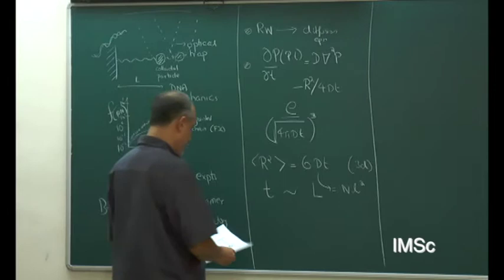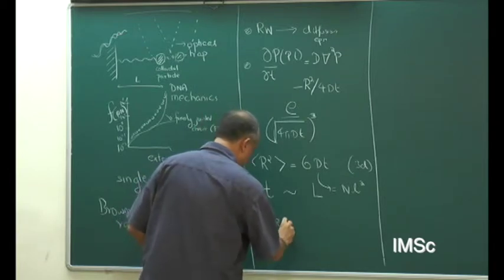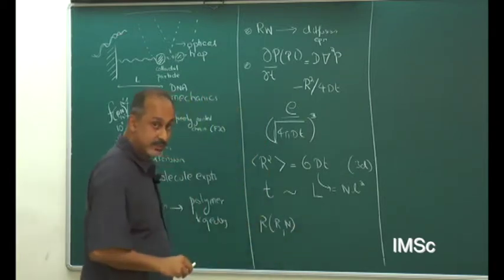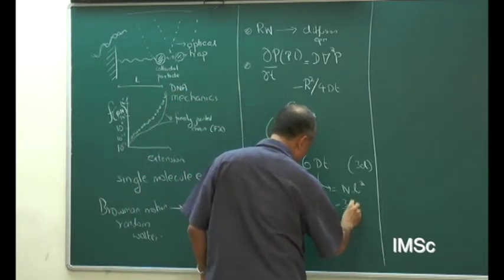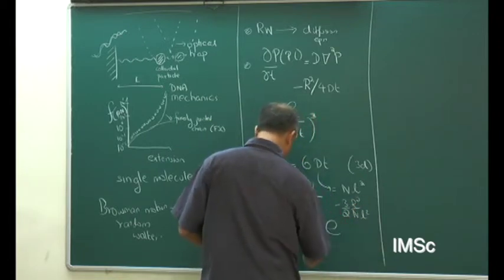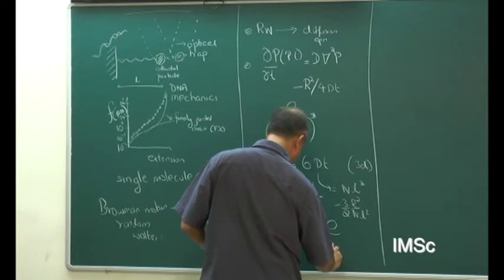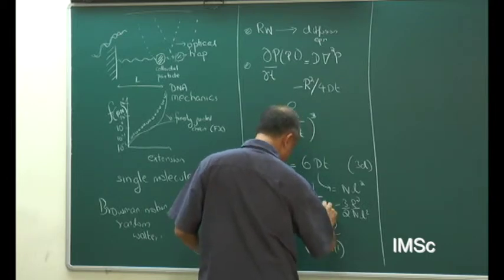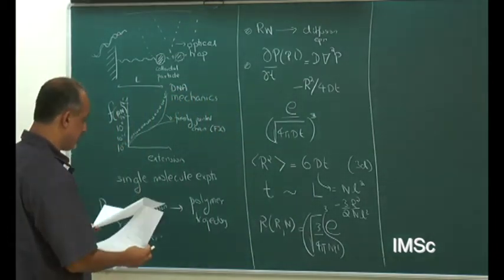So from here, we found that the probability of being R for a polymer with n units inside it was exponential of minus 3 by 2 r squared divided by n times L squared, and the normalization was square root of 3 divided by 4 pi n L squared, again raised to the power 3, just as in the other case.